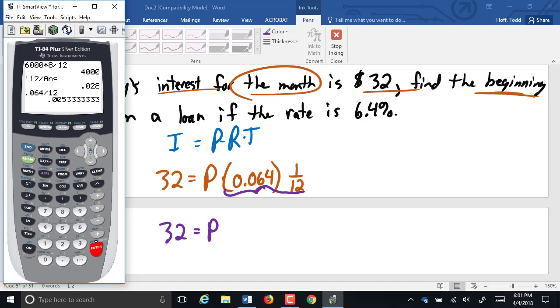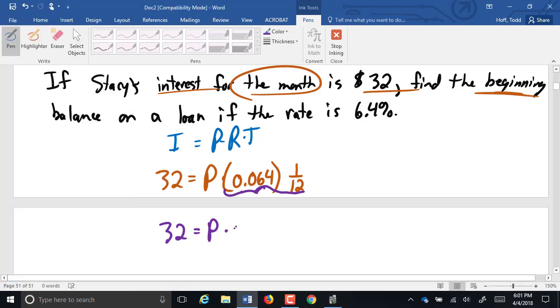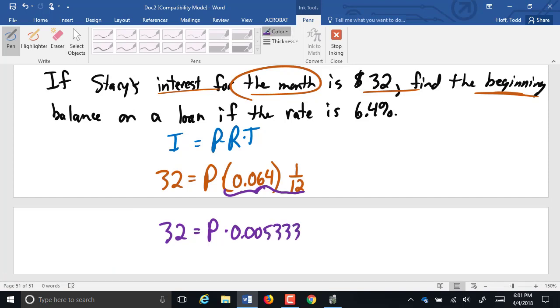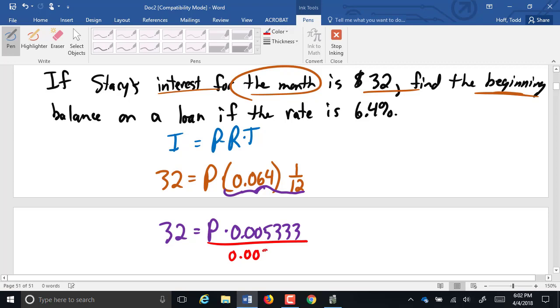Now we are going to need to do some combining here again. The 32 doesn't change. Over here, however, we're going to take the 0.064 times 1/12. Gives us an ugly decimal, 0.005333. This is another spot where we're going to leave that in the calculator. Do not hit clear. Now to solve this, we're going to divide by that 0.005333.